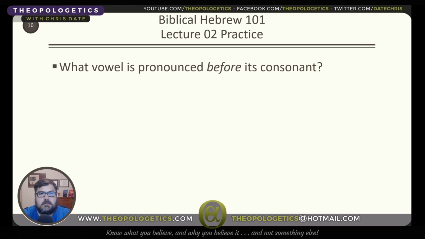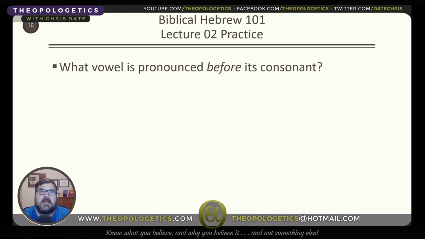What vowel, and there is only one, is pronounced before the consonant that it's on? So you recall that all the vowels, I'm trying to put an asterisk in my mind next to the word all. Ordinarily vowels are pronounced after the consonant that they're on.